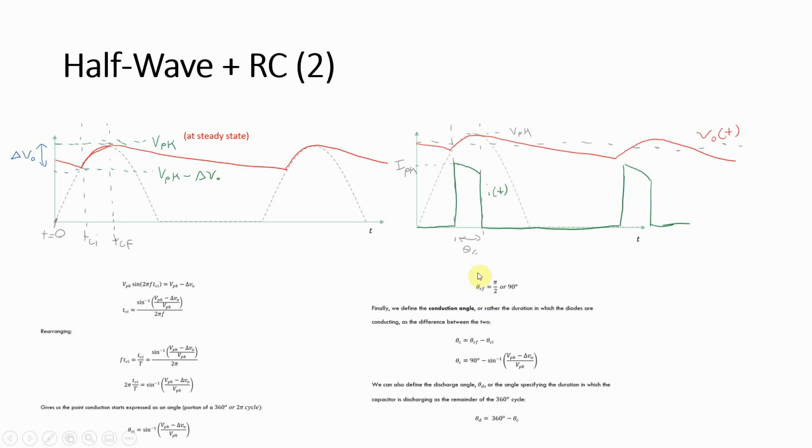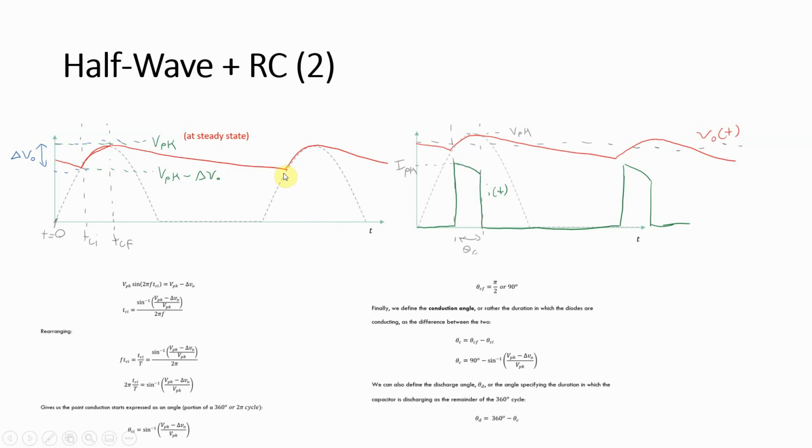So the final conduction time is T over 4, and the final conduction angle would always be pi over 2 radians or 90 degrees, and we can find the conduction angle or conduction time. And so we know that the conduction time plus the discharge time equals the period.